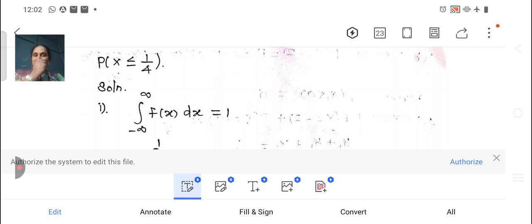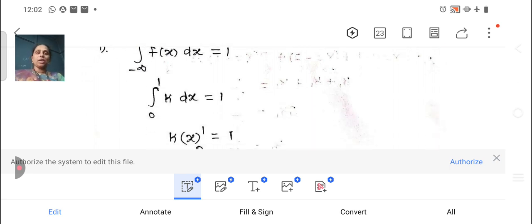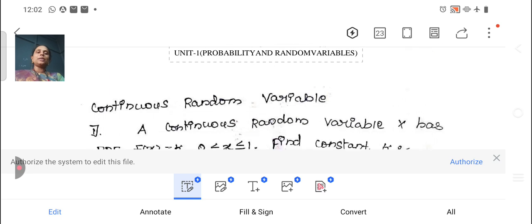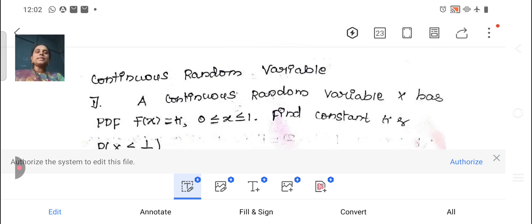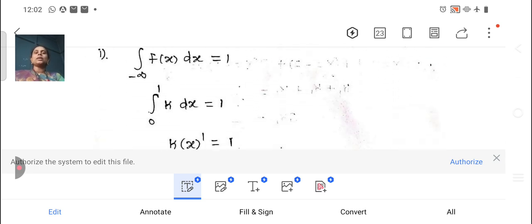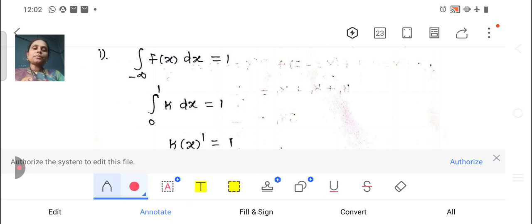To find the constant, the integral from minus infinity to infinity of f of x dx equals 1. Here the f of x value is k, and the range lies between 0 and 1, so the upper limit is 1 and the lower limit is 0: the integral of k dx.